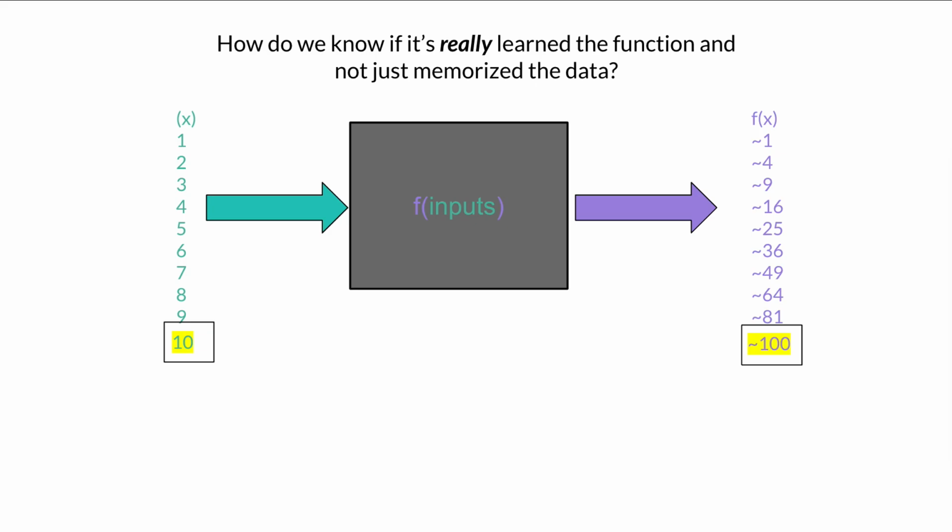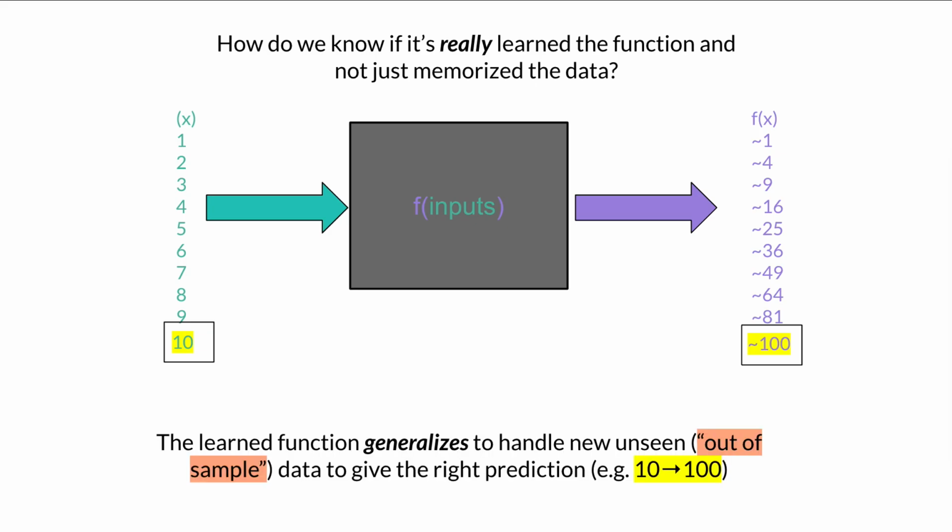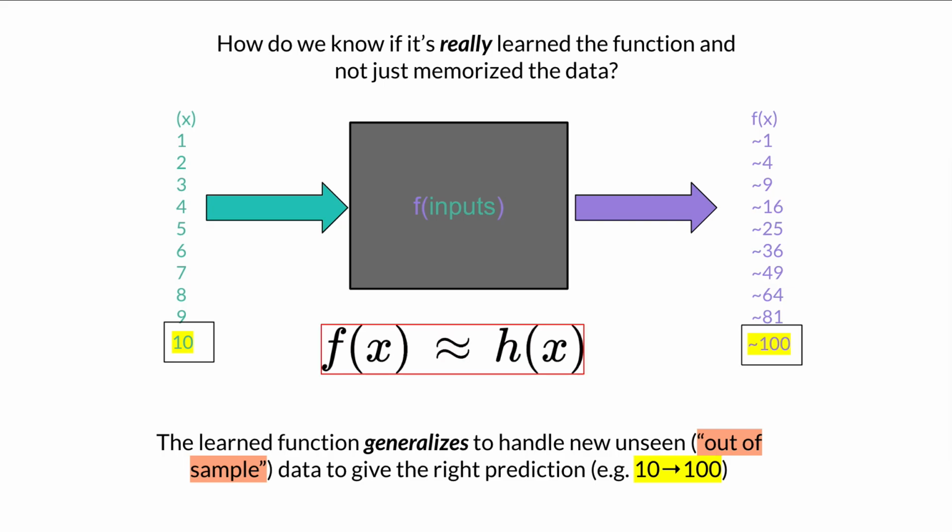So how do we know then that it has learned something and not memorized? Well, if the learned function generalizes, we call this, to handle new, unseen, what we call out of sample data, to still give the right prediction, then we actually are reasonably confident that the neural network has indeed learned the actual underlying function as opposed to memorizing the data.